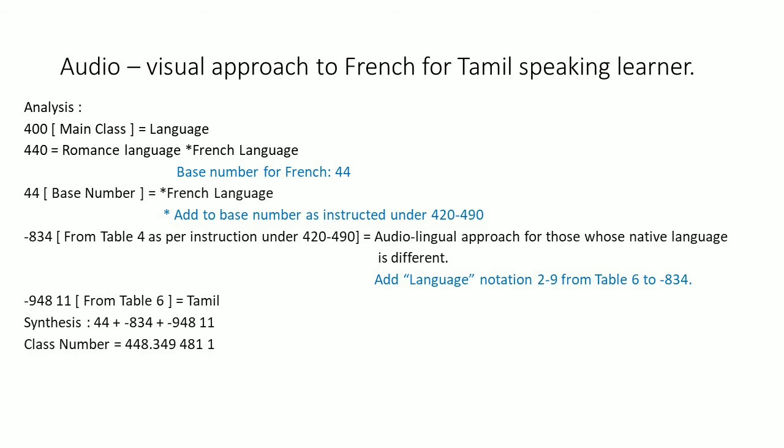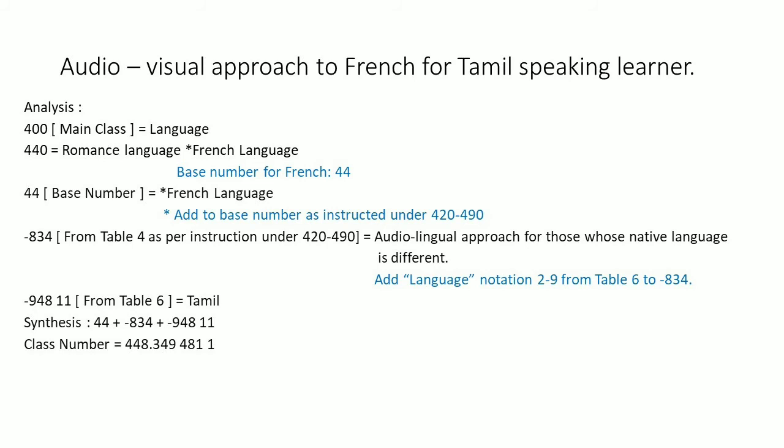After that I have written the notation of Tamil language, which I have taken from table 6. The notation of Tamil language is -948 space 11. Now we have to add all the notation together. That will be our class number for that particular book.